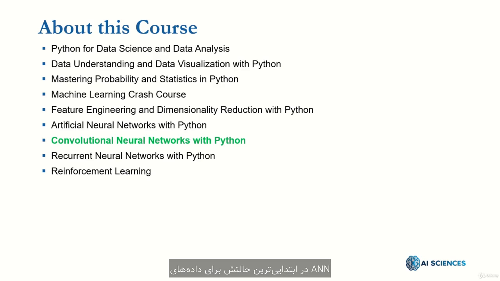Artificial neural networks in their most basic form are not that suitable for image data and for problems in computer vision. Convolutional neural networks are considered very good in the field of computer vision, particularly after the introduction of AlexNet in 2012.